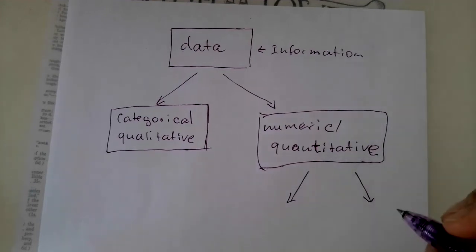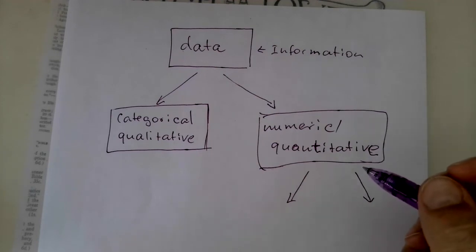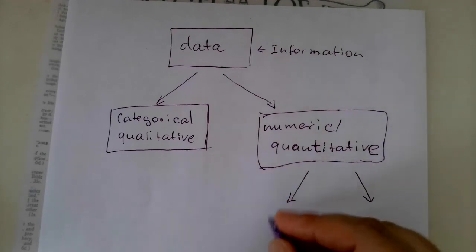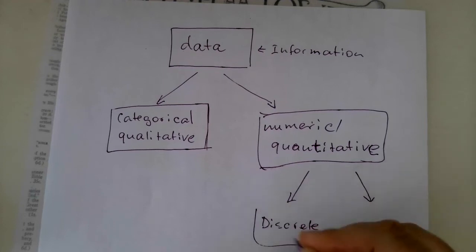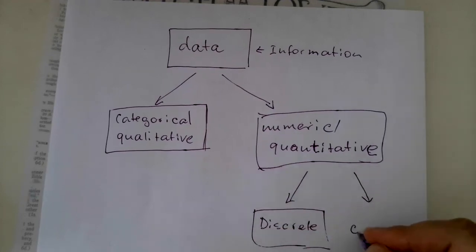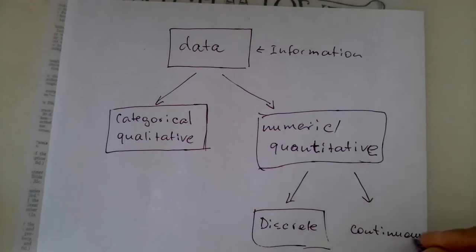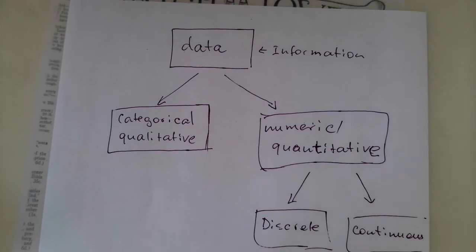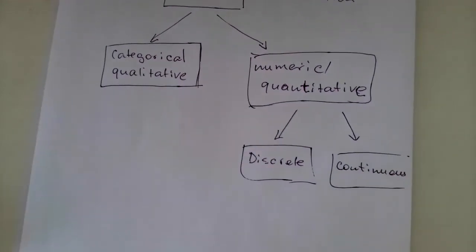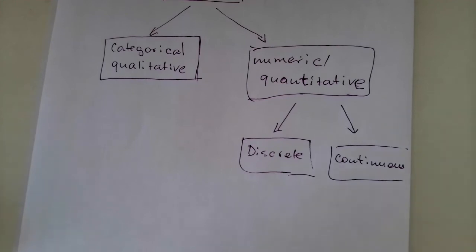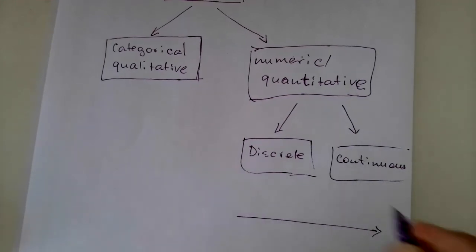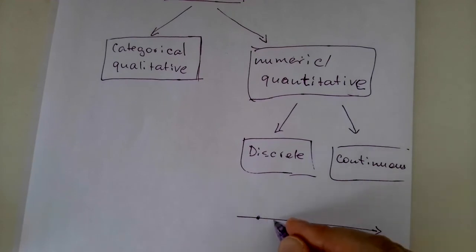For the quantitative data, we have discrete and we have continuous data. So let's talk about the difference between discrete and continuous. Discrete data is basically data where we have just certain points, okay?